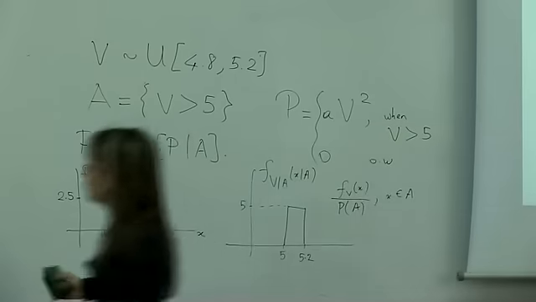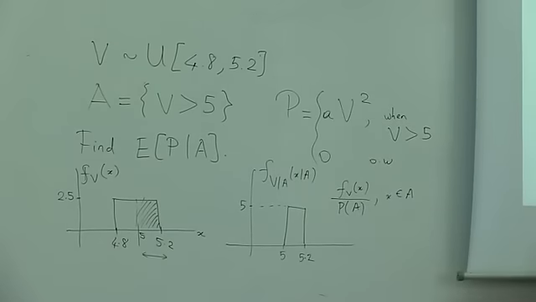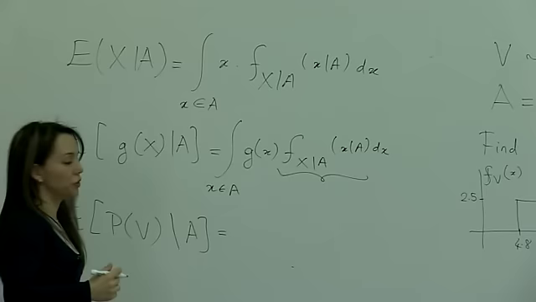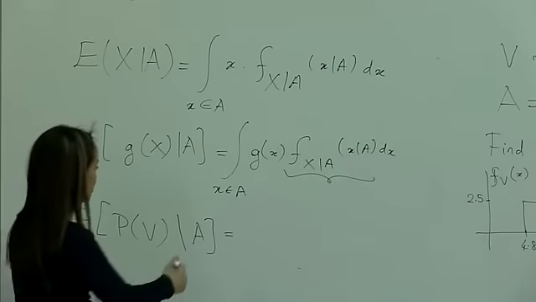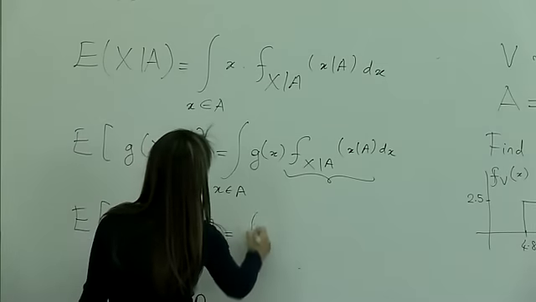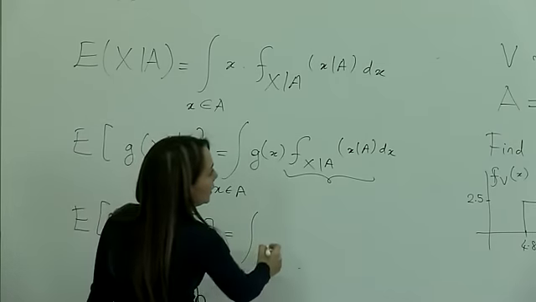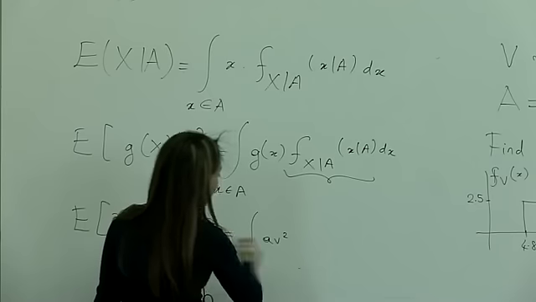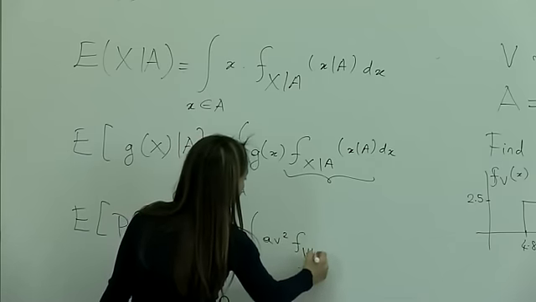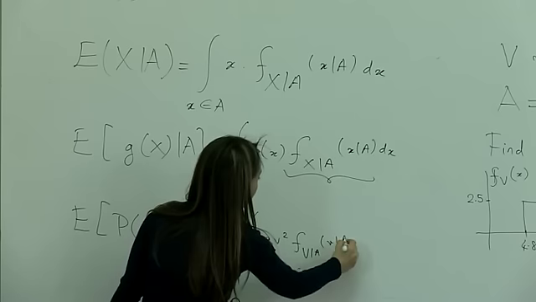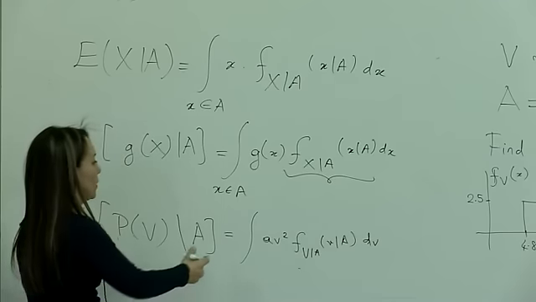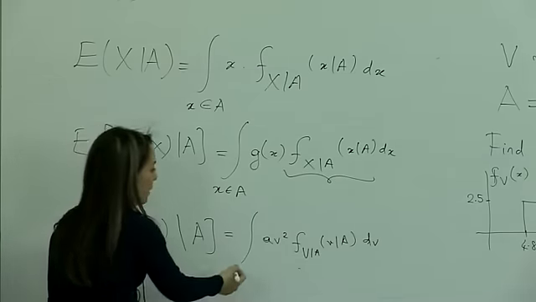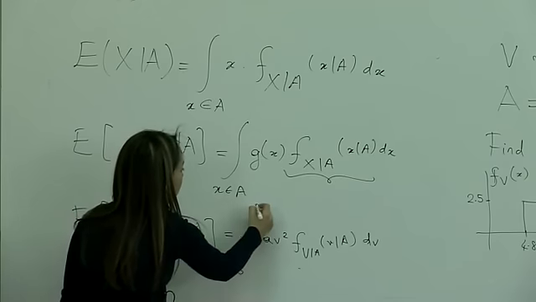So we now have to compute the expectation of P of V, the power as a function of the voltage given A, which is the event that the voltage is bigger than 5. This can be found by integrating A times V squared times f_{V|A}(V|A) dV over the region A, which is 5 to 5.2.